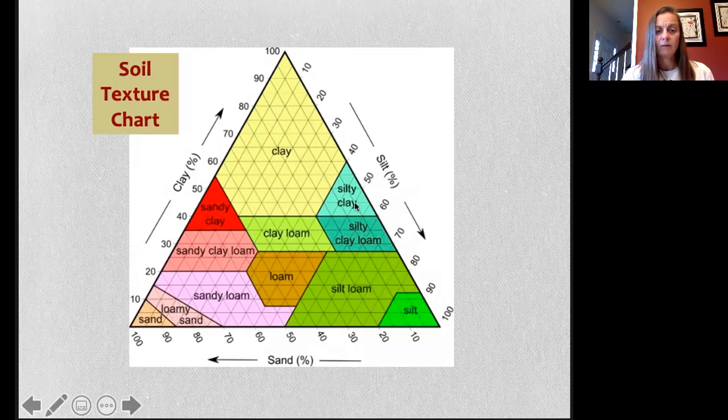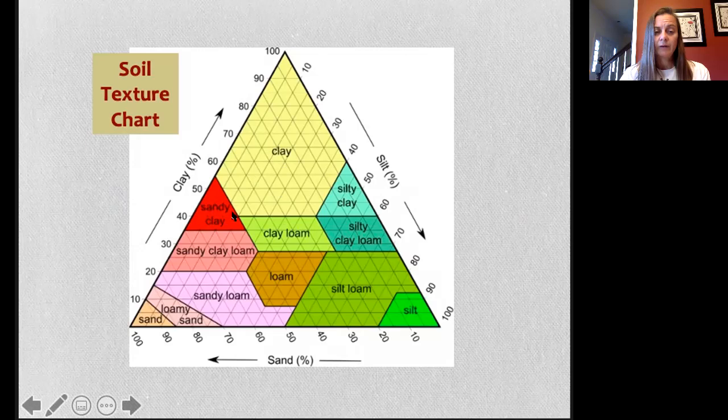And the farther we get over here towards clay, the less permeable the material is going to be. So here in loam is considered sort of the sweet spot for growing crops. But anything here in the middle where we have a mixture of sand, silt, and clay is going to be very productive and fertile soil.